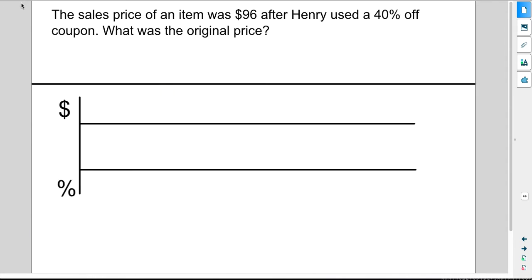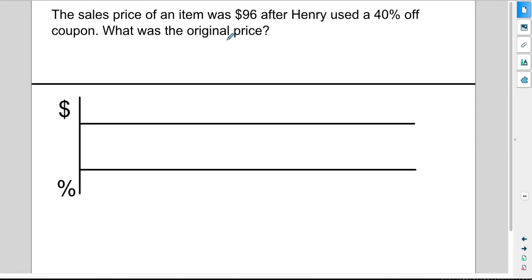Now, this example is a little bit different because you're going to want to read your question carefully. Here we see that the sales price, meaning the final price of an item, was $96 after Henry used a 40% off coupon. And I want to know the original price.